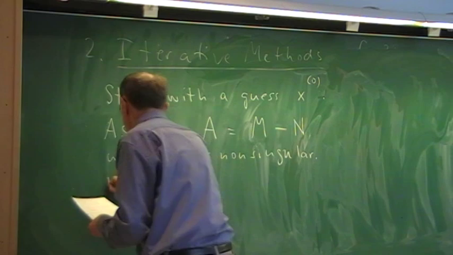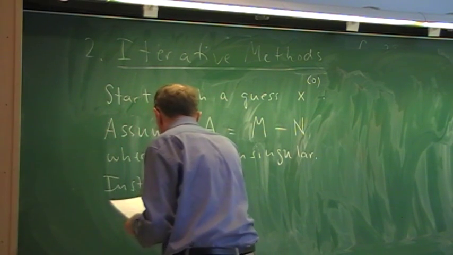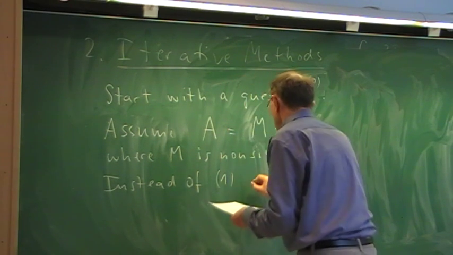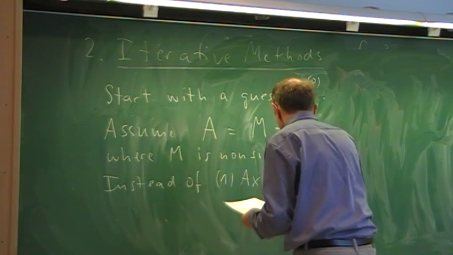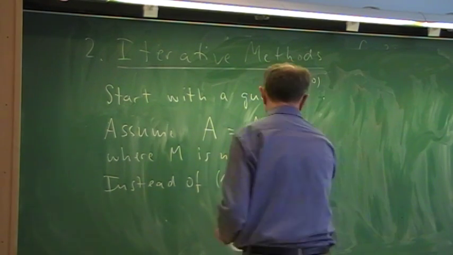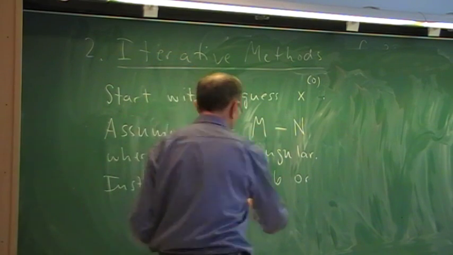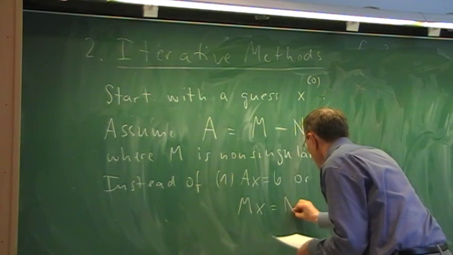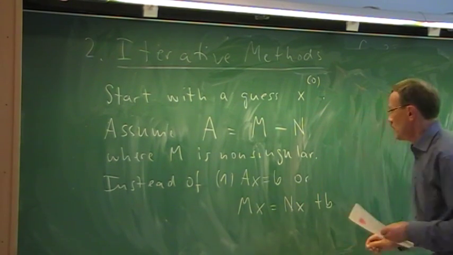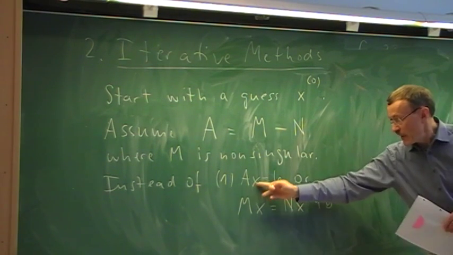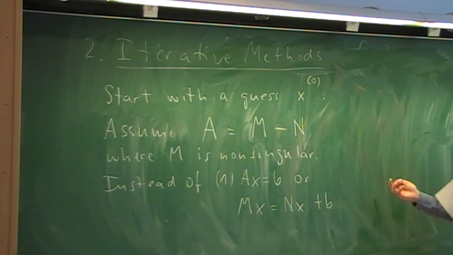And then, instead of solving equation 1, that was AX equal to B, it would be equivalent to solve, if we write A as M minus N, MX is equal to NX plus B. So I put the NX on the right hand side, then it is equivalent.